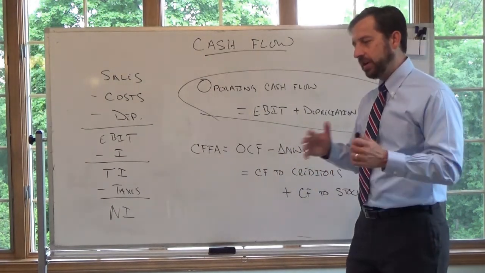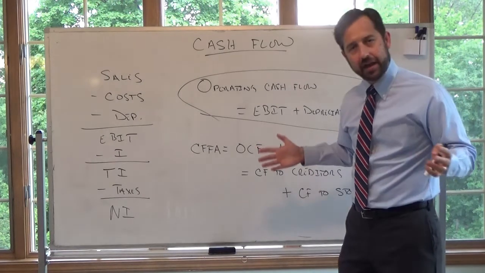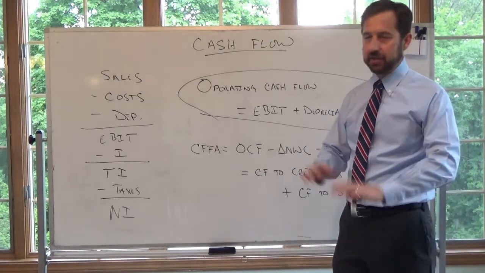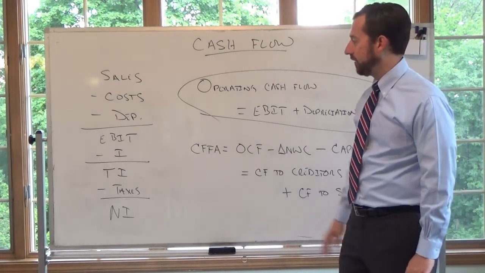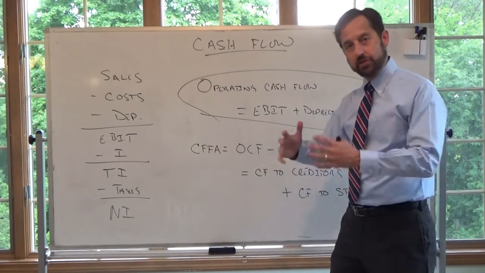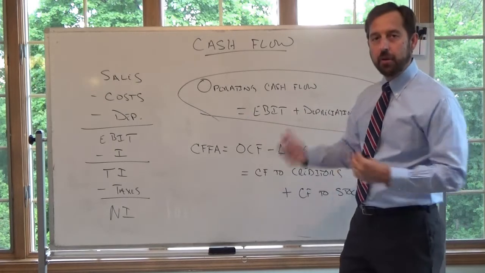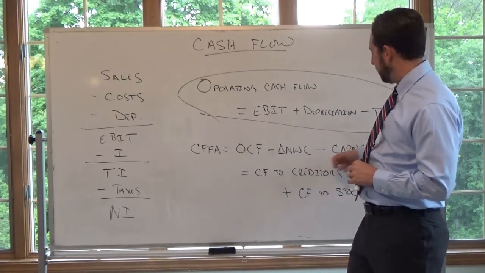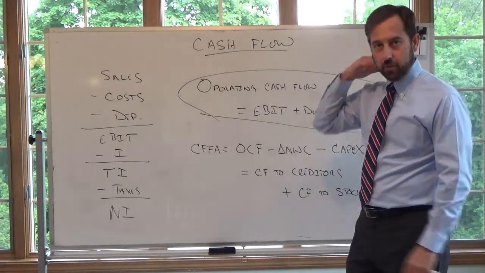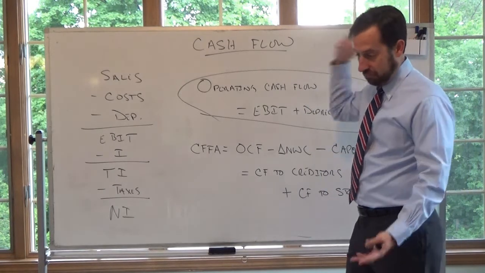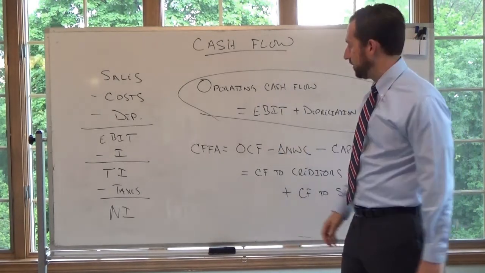I would never go work for a company and say, well, that's not how my text calculated free cash flow, right? Because every business is a little bit different, and you just want to know from this course the principles of what we mean. This cash flow is unencumbered by capital expenditure or working capital requirements.